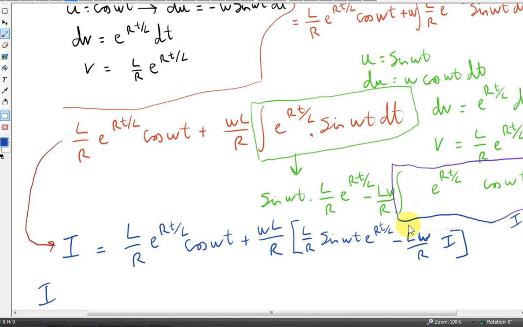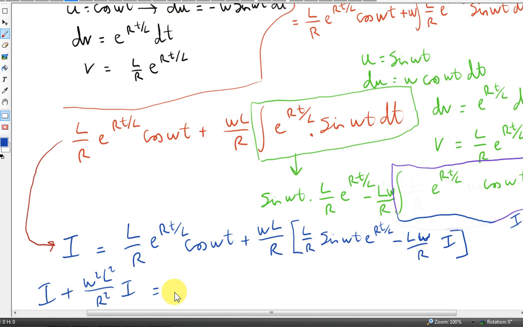We have this I on the left hand side, and we have to bring over this one, so we have omega L over R times minus omega L over R. That's minus omega squared L squared over R squared, and bring it over: plus omega squared L squared over R squared times I.